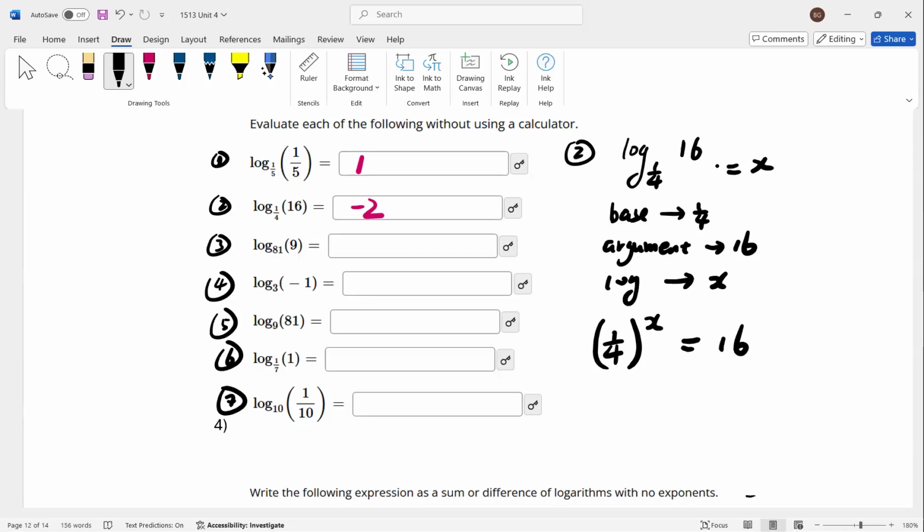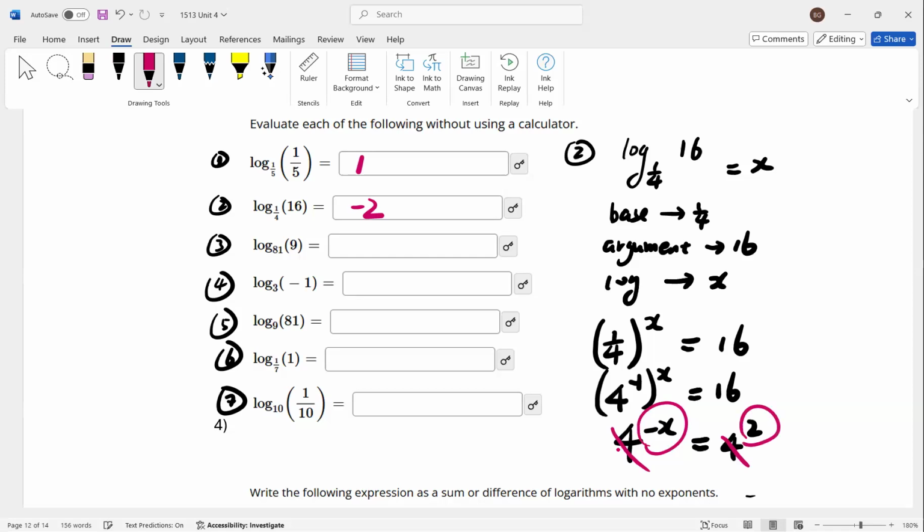And we can write 1 over 4 as 4 to the power of -1. Then the left side is 4 to the power of negative x, and the right side is 4 to the power of 2, because 16 is 4 squared. Since the left side and the right side have the same base, we can cancel them, and we have negative x equals 2. So x equals negative 2. Same result. You pick the method that you feel more comfortable with.